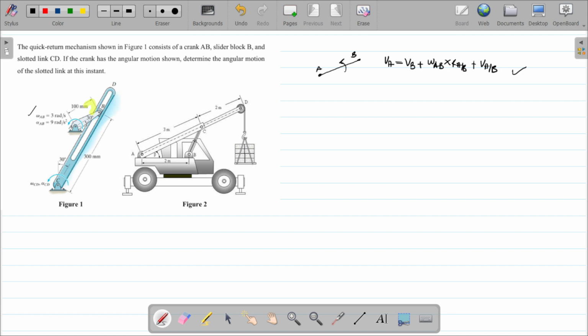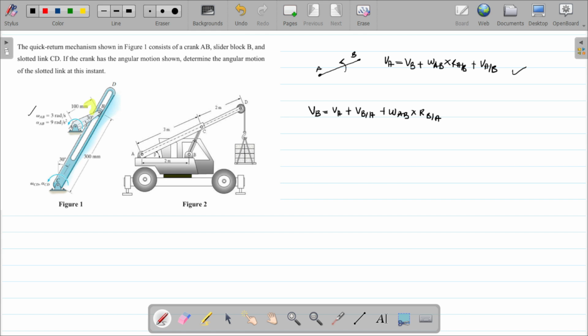So this time, the point we are looking for the velocity of is B. So we are saying that VB is equal to VA plus VB relative A plus angular velocity of AB cross R of B relative A. Okay, so what next?